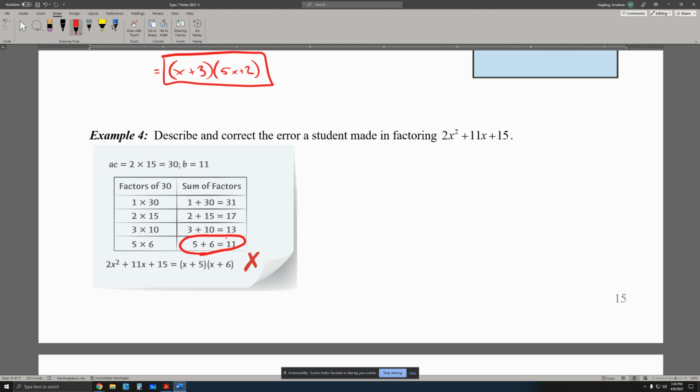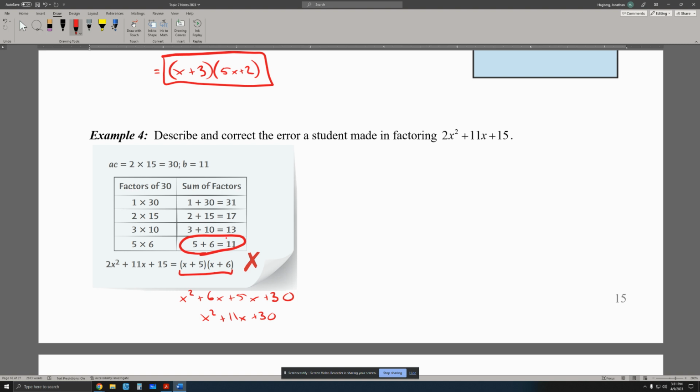However, when the student factored this, the student found the factorization to be x plus 5 times x plus 6. If we were to distribute this back, or multiply these two linear binomials, we would get x squared plus 6x plus 5x plus 30, which gives us x squared plus 11x plus 30. This is not equal to the original quadratic trinomial, 2x squared plus 11x plus 15.